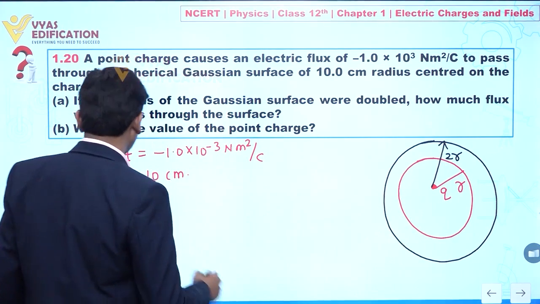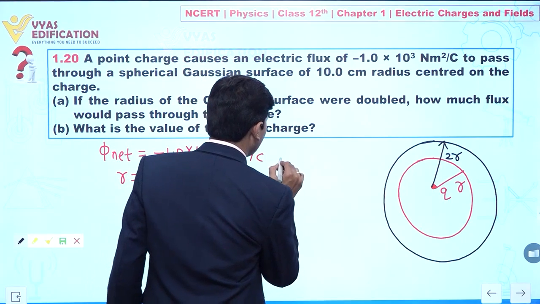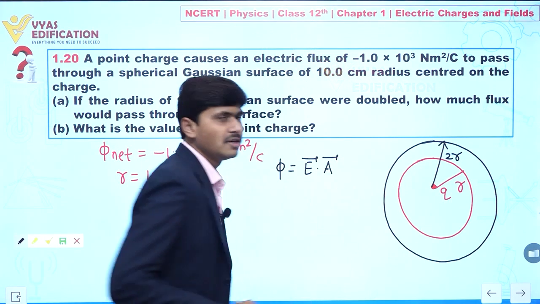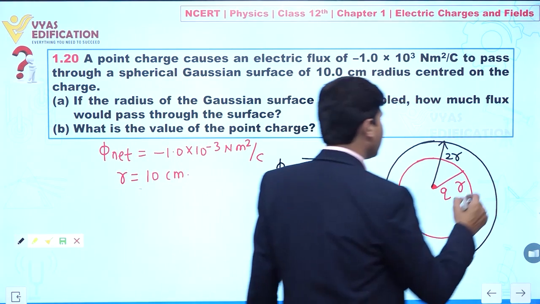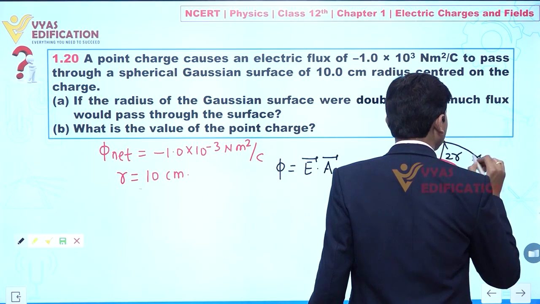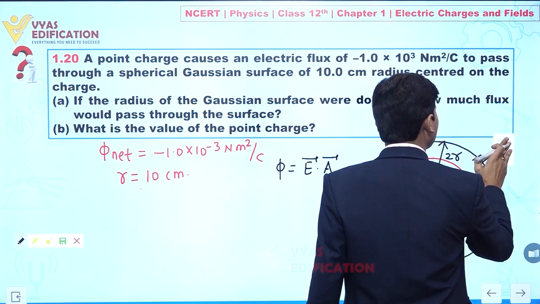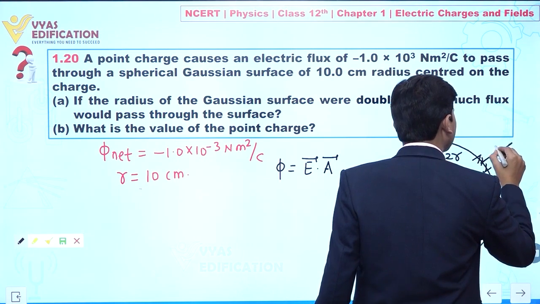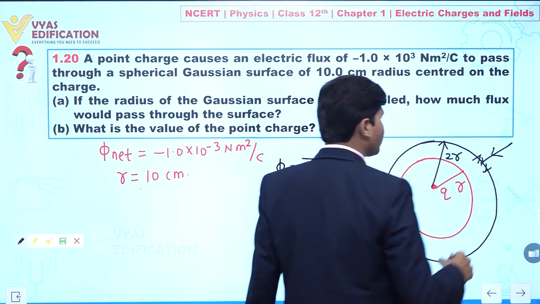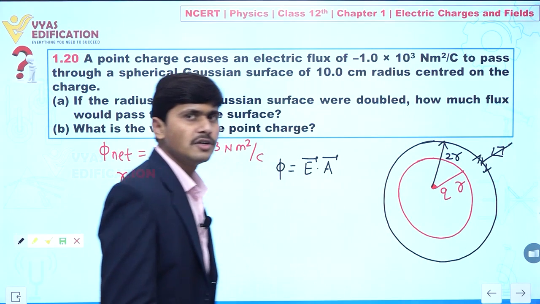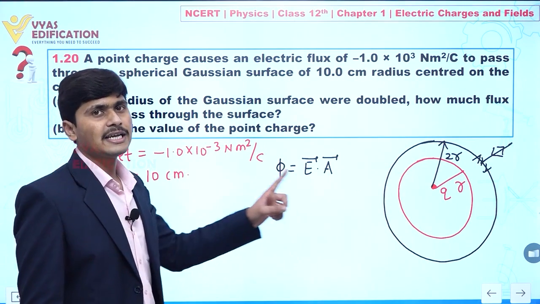So actually we know the value of phi is given by E dot A. If we take any cross section, we can say E and A are both in the same direction, because this is a negative charge, so the electric field lines are going in this direction, or we can say the area vector is in the outward direction. So we will find the same situation at each point.